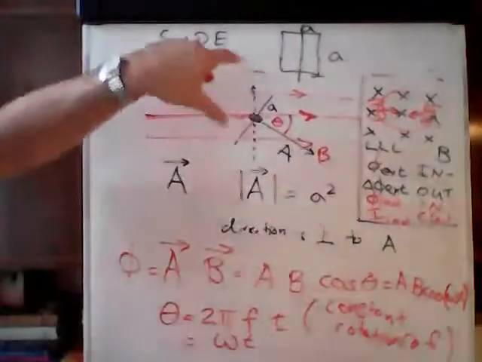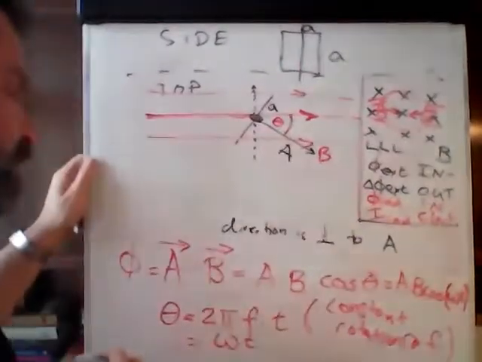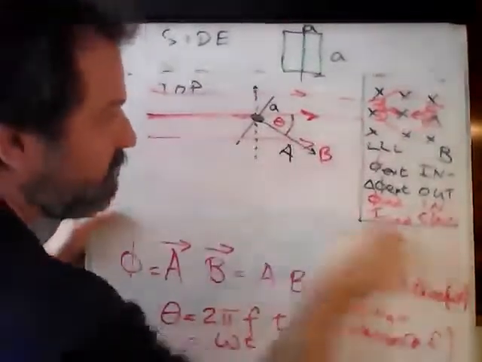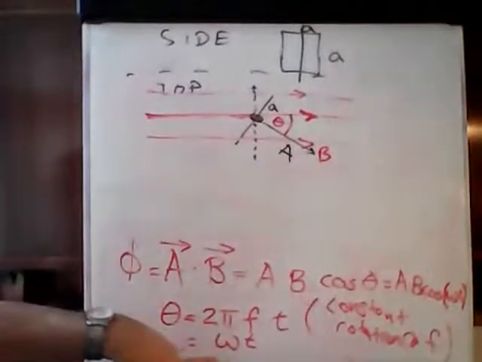Let's see. We still got this thing rotating. I'd like to keep that part. I'm going to erase this. This seems pretty obvious. We're going to erase that down here, because we talked about that, and that was kind of a side example. We can erase that as well. There we go. And this is good stuff right here.